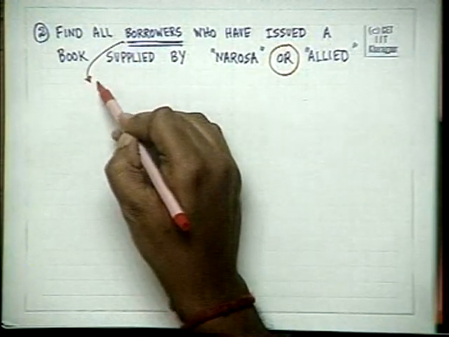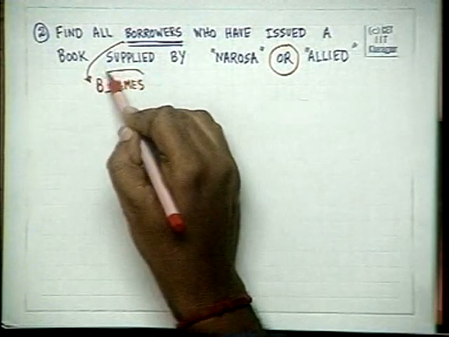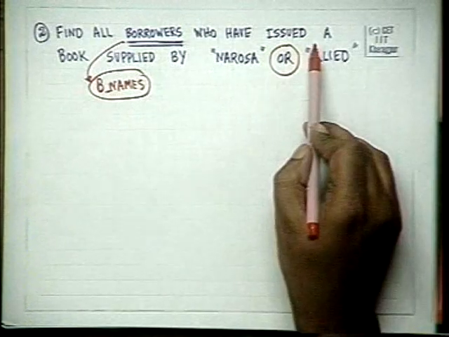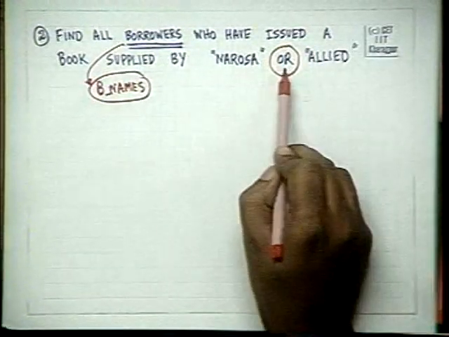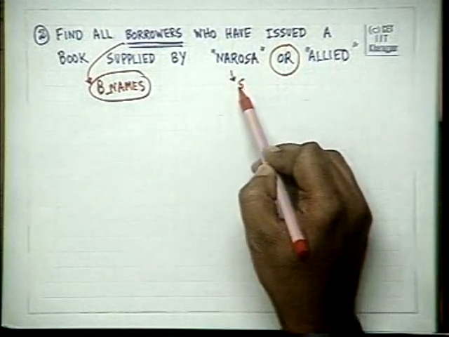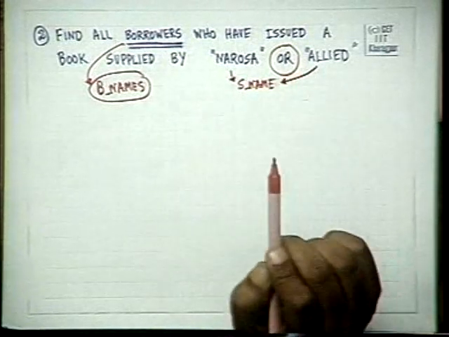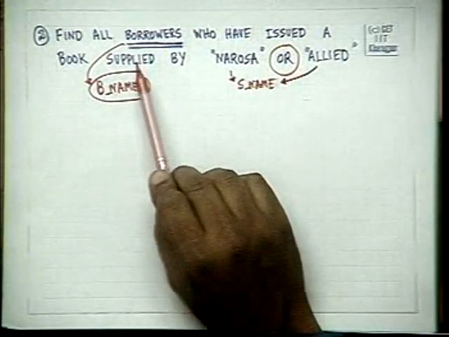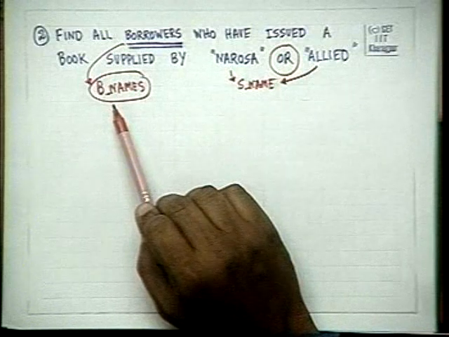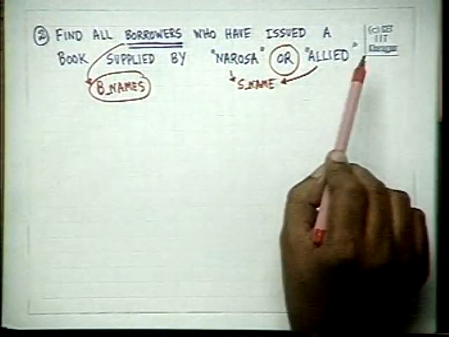So we are interested in B names. Who have issued a book supplied by supplier, Narosa or Allied. So this is one supplier name, and so is this another supplier name. So we want the borrower names of those who have issued a book which is supplied by the supplier name Narosa or by Allied.